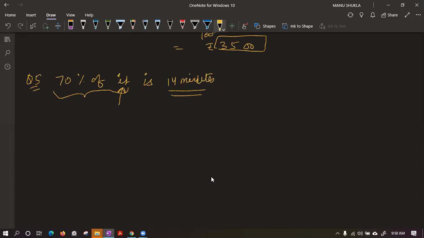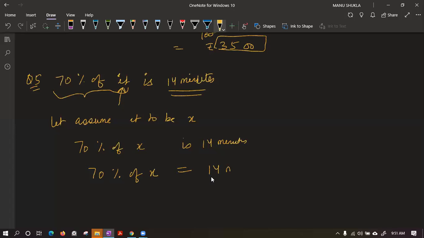So let's assume it to be x. And now find 70% of x is 14 minutes. Class, we all know how to write the equation. Very easy. Very good, Lavya. 70% of x is equal to 14 minutes. That's it. When you solve this equation, you will get the value of x.